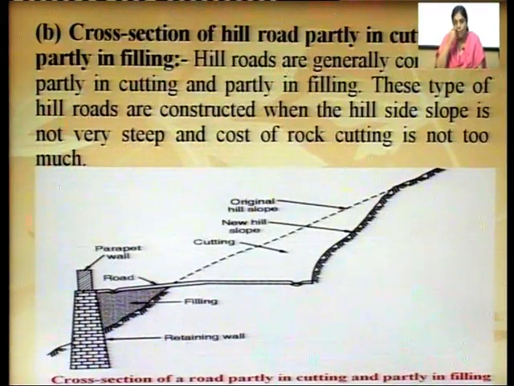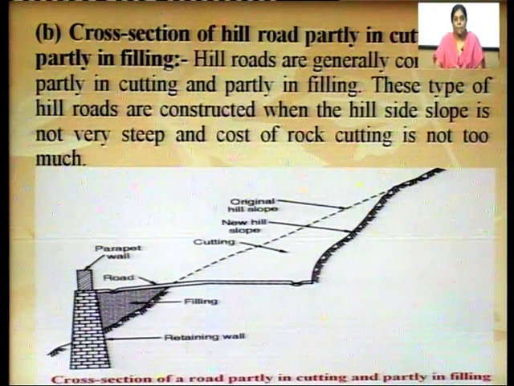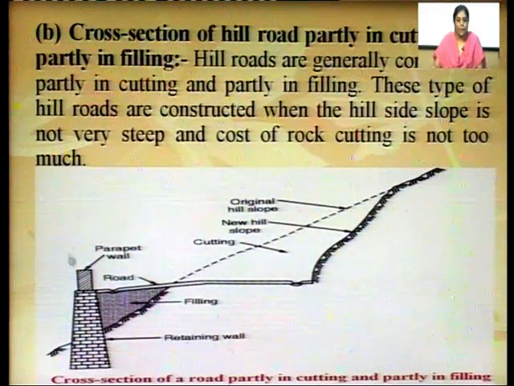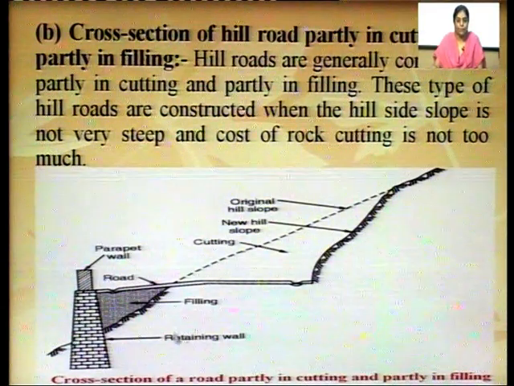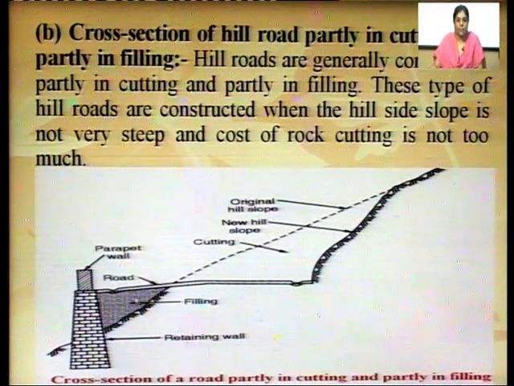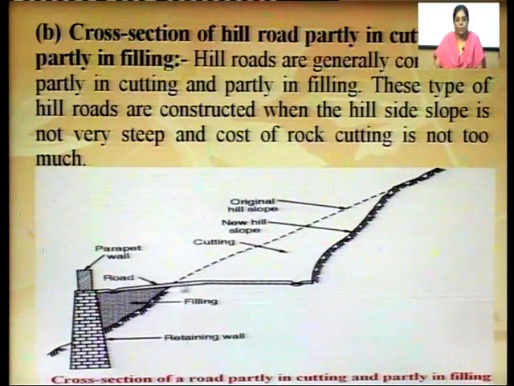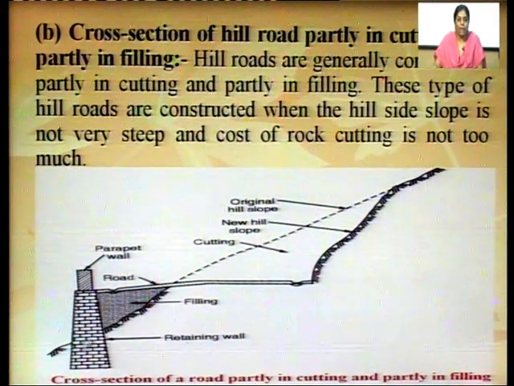Then we will talk about the cross section of hill road partly in cutting and partly in filling. You can see here that this is the road, this is the surface of the road. Just look at the arrow, this is the surface of the road, and this was the original slope of the hill that was coming down like this.